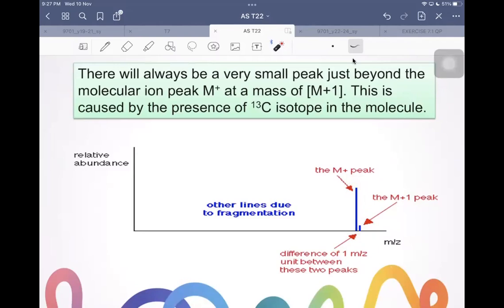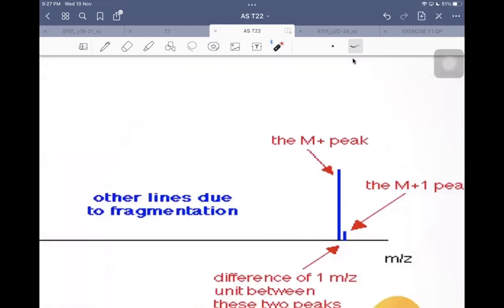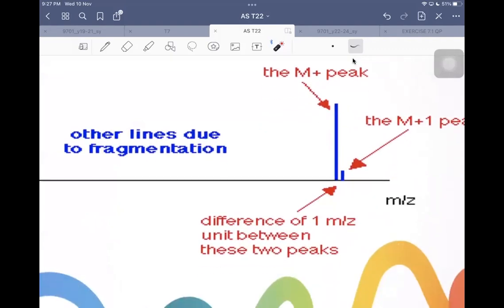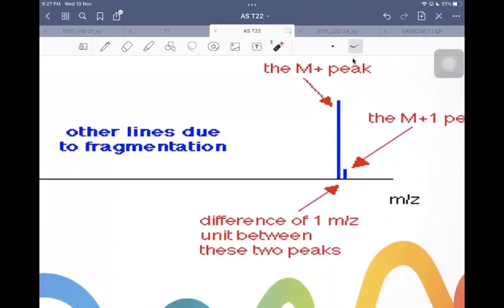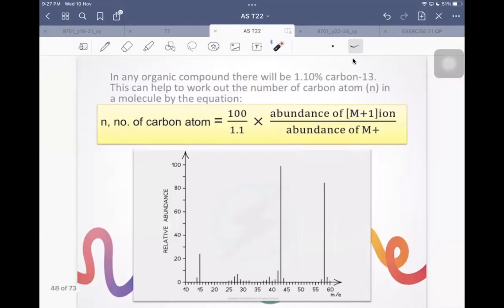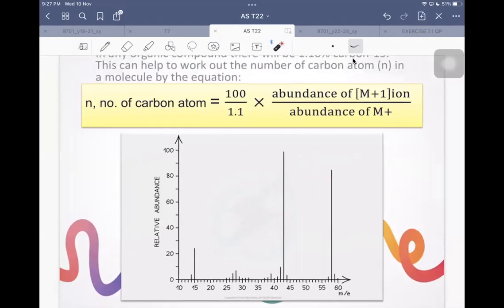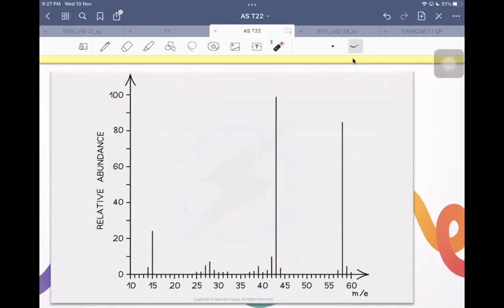We must not forget that carbon does not only exist as carbon-12, carbon-13 is also present. So I'll give you an example later on. Whenever you see there's a difference of 1 unit between these 2 final peaks towards the end of your x-axis, that means isotope carbon is present, or another isotope like chlorine or bromine, which we will look at later on.